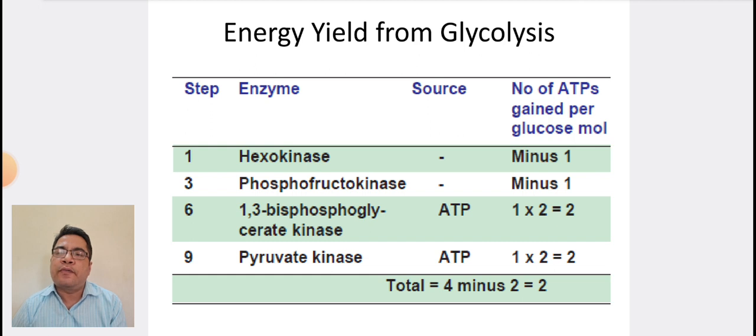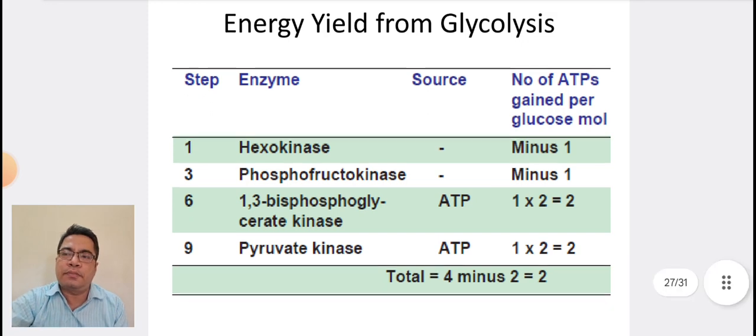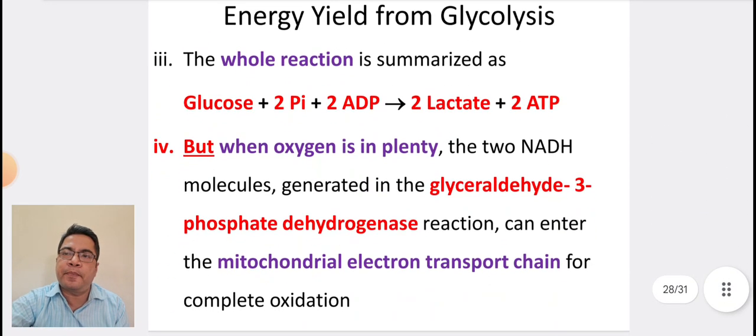On the other hand, 1,3-bisphosphoglycerate kinase generates 2 ATPs, and step 9 pyruvate kinase generates 2 ATPs. So in total, 4 minus 2 is equal to 2 ATPs are generated in case of anaerobic glycolysis. The whole reaction is summarized as glucose plus 2Pi plus 2 ADP gives 2 lactate plus 2 ATP.